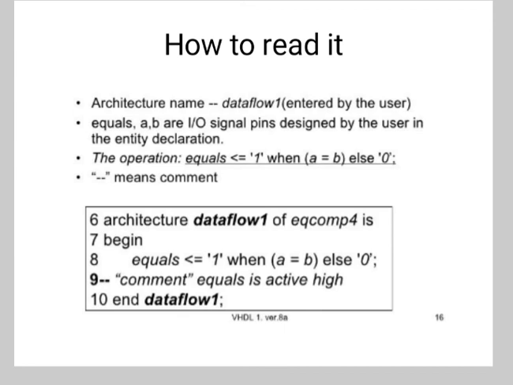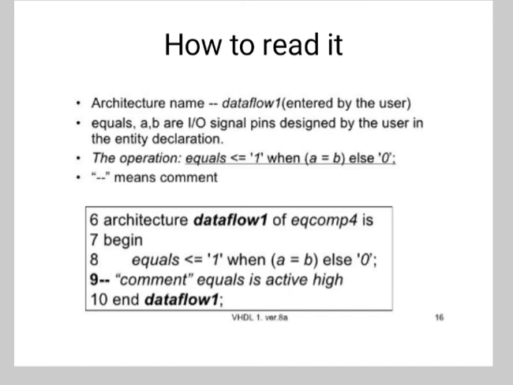Then the declarative part appears before the keyword begin. It can be used to declare signals, user-defined types, constants, components, subprograms, etc. And the statement part is contained between the keywords begin and end. All the statements are executed concurrently, that is simultaneously.